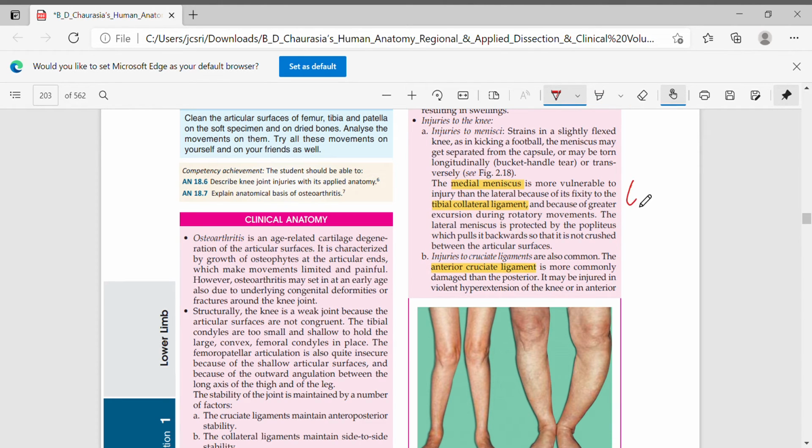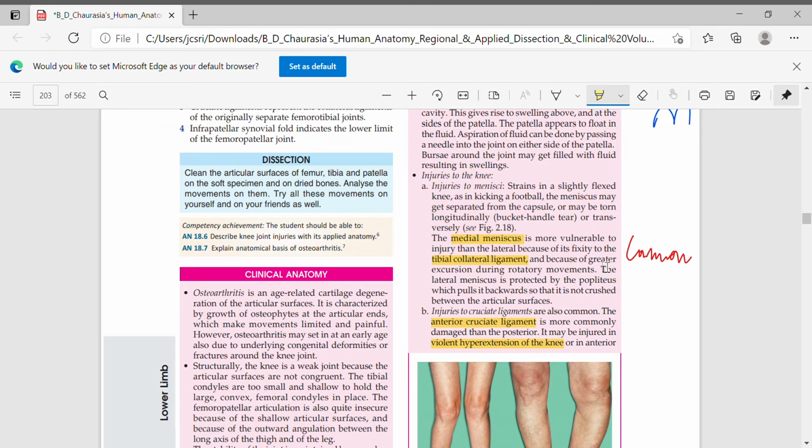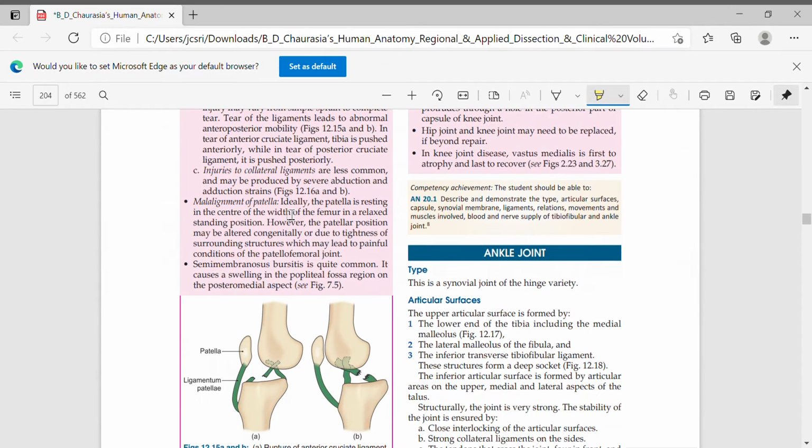These three are the most commonly affected ones. First we can learn about the anterior cruciate ligament. This is affected in violent hyperextension of the knee.